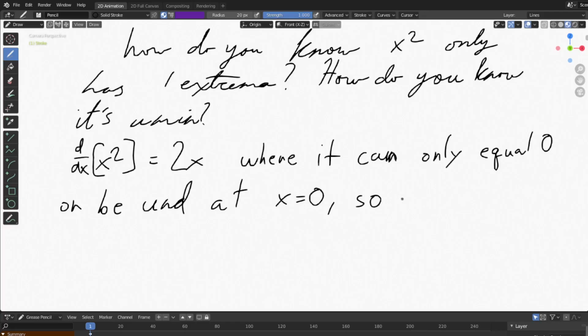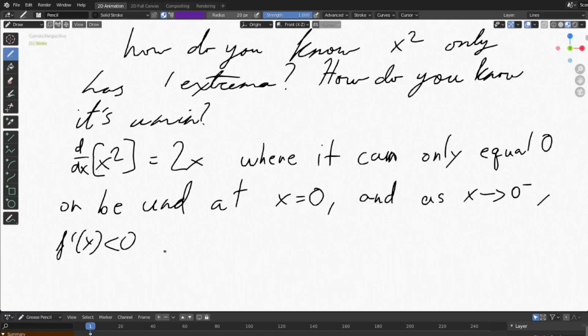And let's say, as x approaches 0 from the left, f prime of x is negative, right?